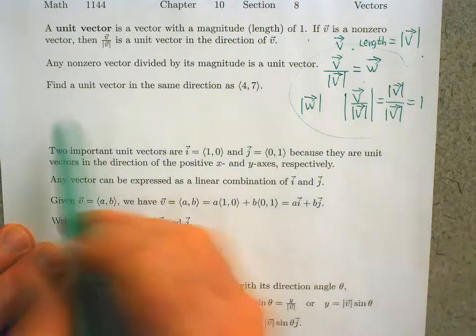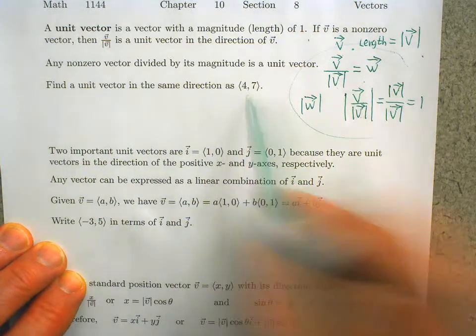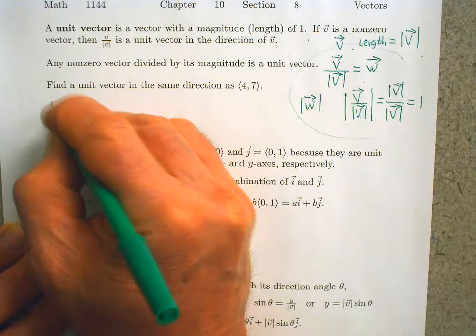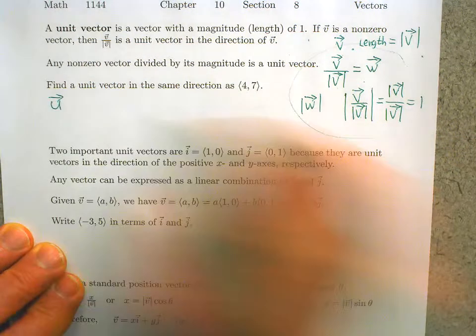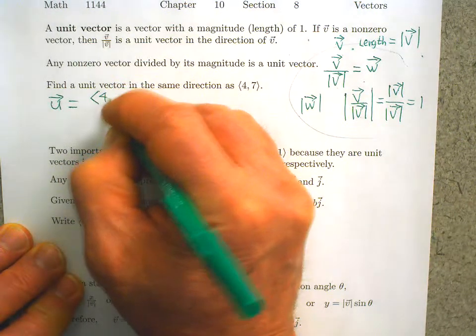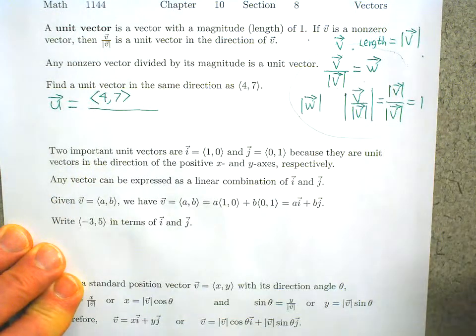Okay, so find a unit vector in the same direction as the vector in component form 4, 7. Okay, so if I refer to the unit vector as u, then I just divide the vector 4, 7 by the length of that.